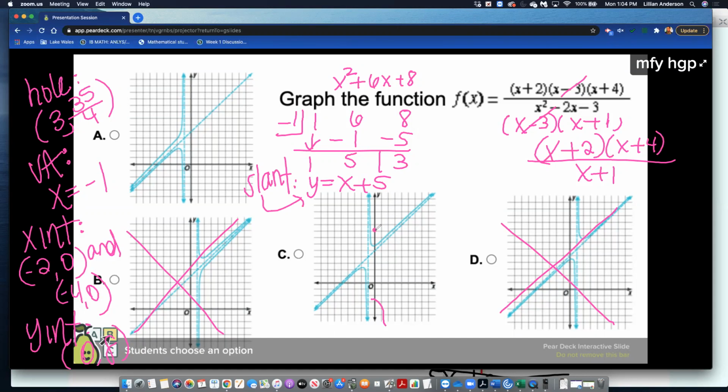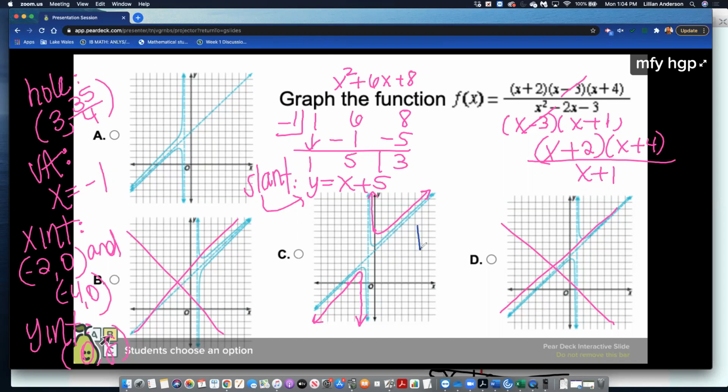My x-intercepts should have been here and here. And so it should have curved a little bit more like this instead. But still, approaching the slant asymptote, approaching the vertical asymptote, not crossing or touching. Just to keep pushing the idea home a little bit more.